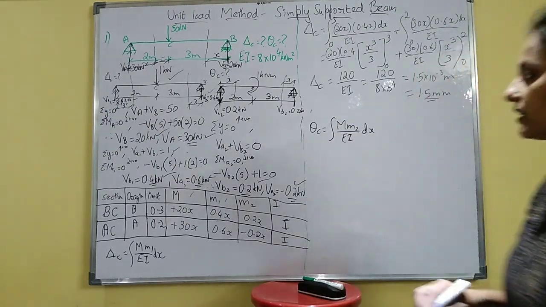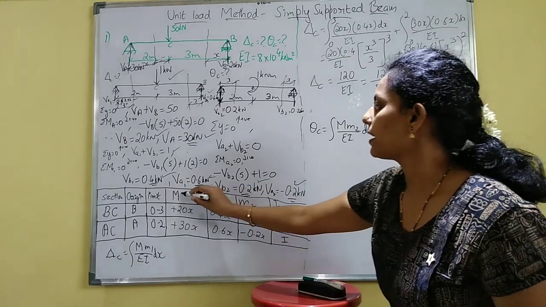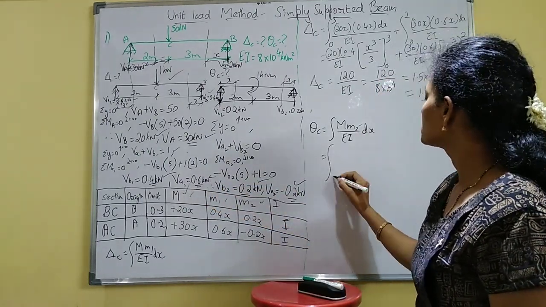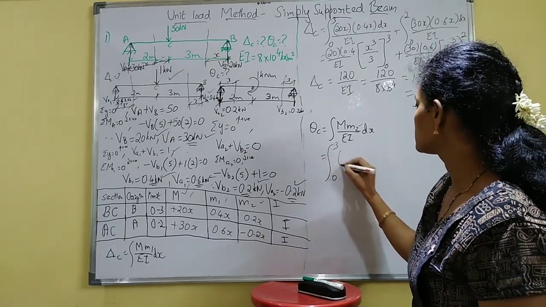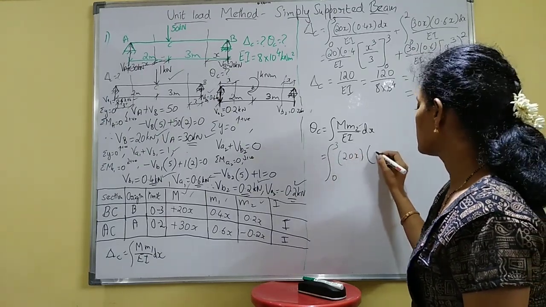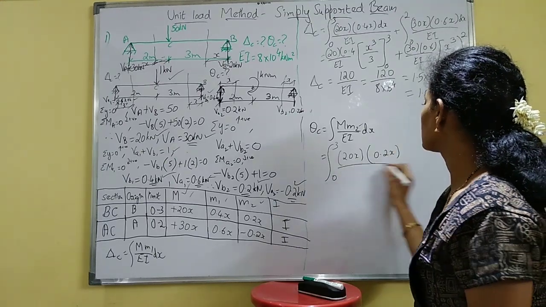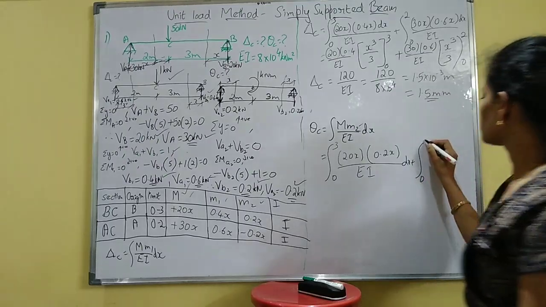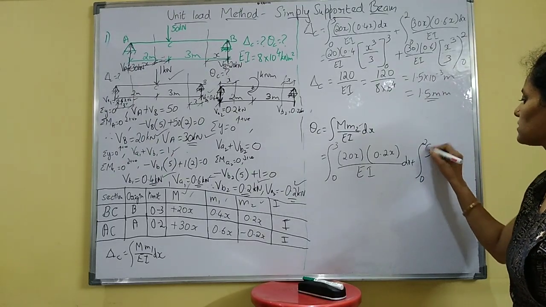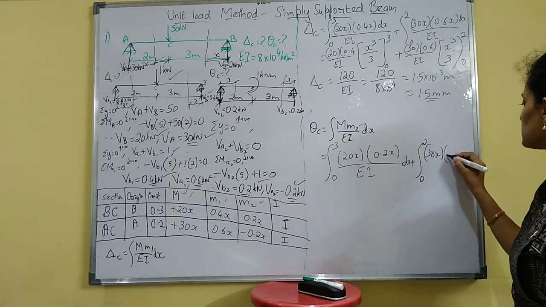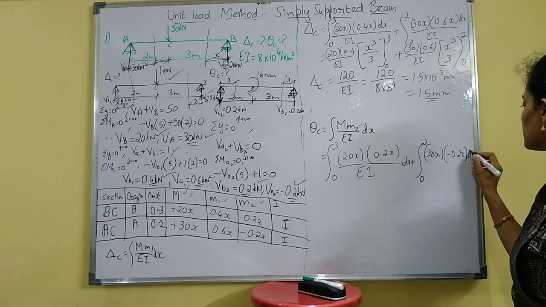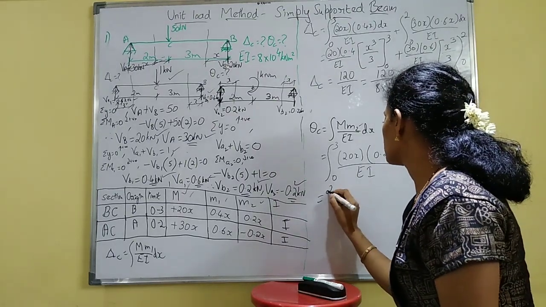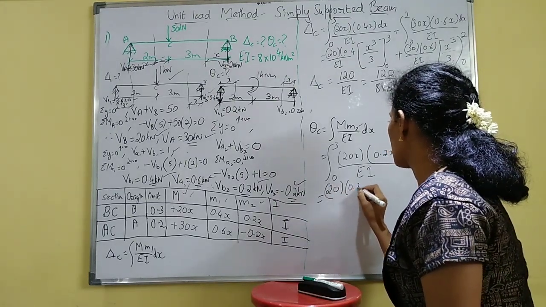Next, to find out theta C, consider this m and m2. You substitute 0 to 3. This is the same: 20 into x, and you have 0.2 into x divided by EI into dx, plus 0 to 2, 30 into x, and here it is minus 0.2 into x dx divided by EI. 20 and 0.2 are constants.